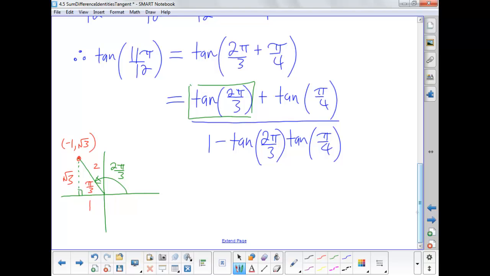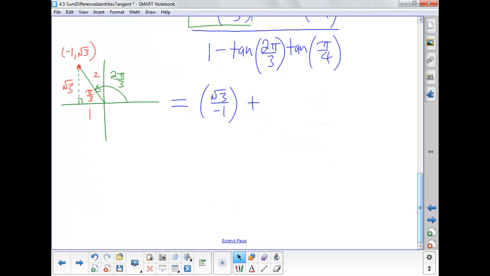So that would allow me to figure out the tangent ratio for 2 pi over 3. So I'm going to write that in. Looking at that diagram, if I do the ratio of y over x, which is what the tangent ratio is equal to, I should end up getting root 3 over negative 1 here.